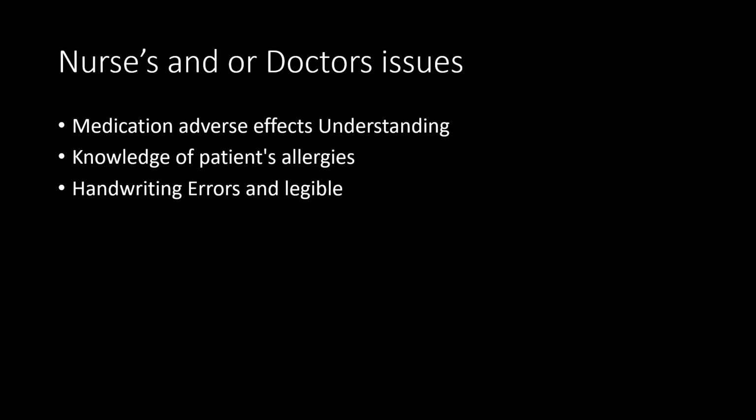To begin with, we need to understand all the adverse effects our medication can have on our patients, and what it would do to certain patients if we use certain medications over others. So we need to do something about this.